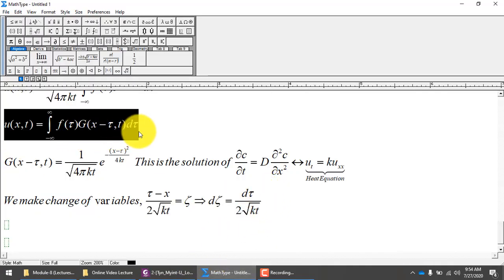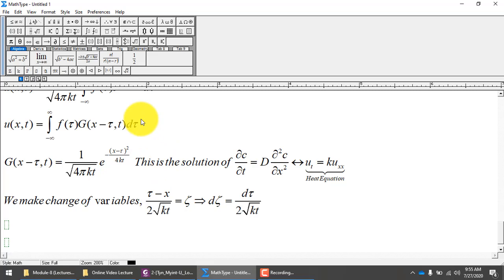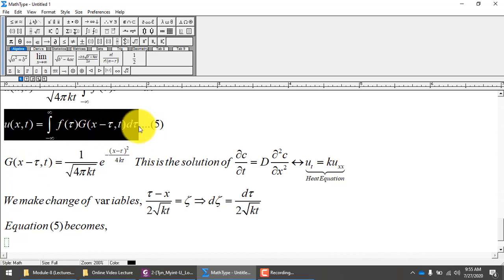Now the integral will become, so you name that equation 5. Equation 5 becomes, what will become? You will get u of x, t equal to what new thing?